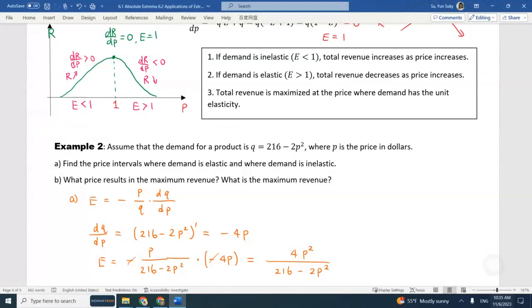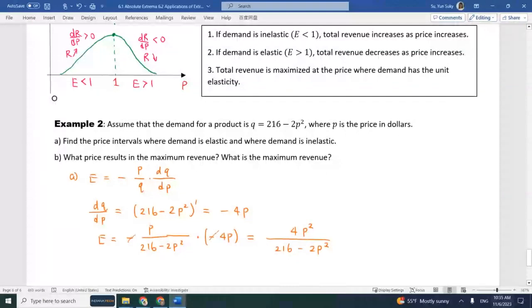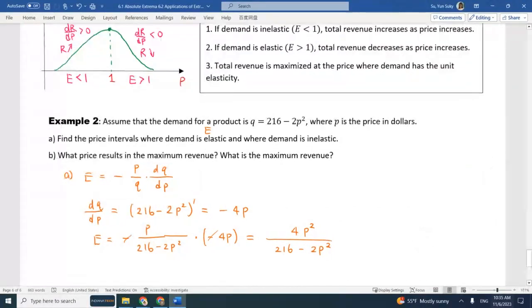So we want to find the price interval when the demand is elastic. Elastic means our elasticity is what? You compare with what number? 1. Okay. So when is it elastic?